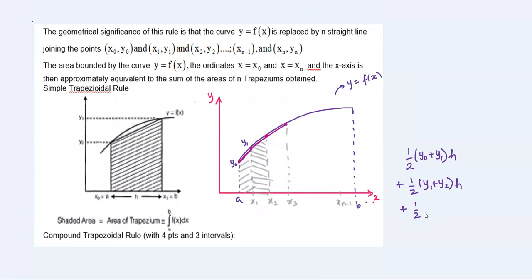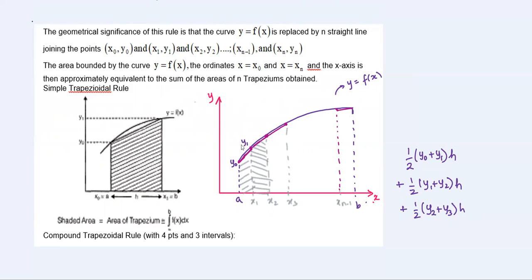So adding up all the areas of trapeziums like this, we get an approximation that is called the trapezoidal rule. We are adding up all the trapeziums, so the approximate value is the sum of the areas of n trapeziums obtained. This is the simple trapezoidal rule.